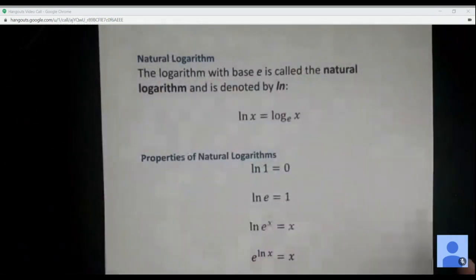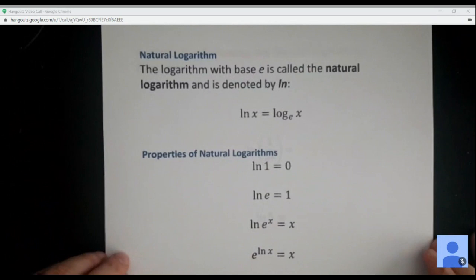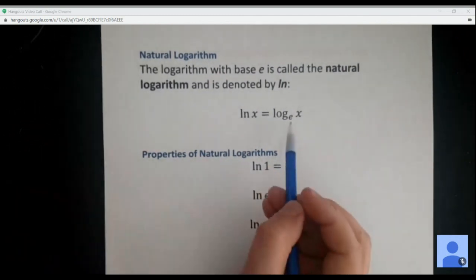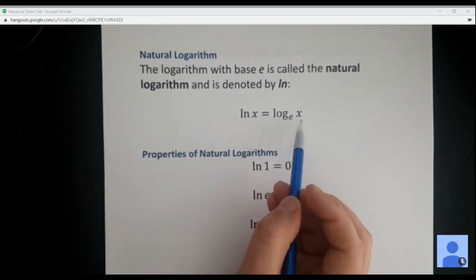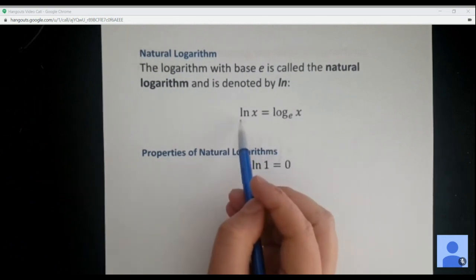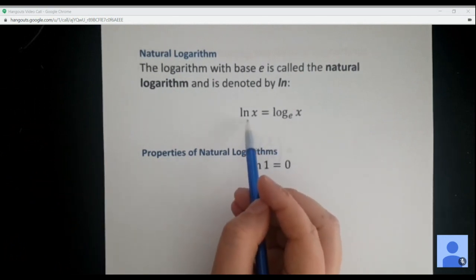Natural log. So here is the other type of log that I want to talk about. The natural log is going to actually use the natural base. Thinking back to section 4.2, when we talked about those natural exponential functions, those had a base of e. Well, now a natural logarithm is also going to have a base of e. Instead of having to write the base e log of x every time we want that as our base, we're just going to call it the natural log, and we're going to write it as ln of x.